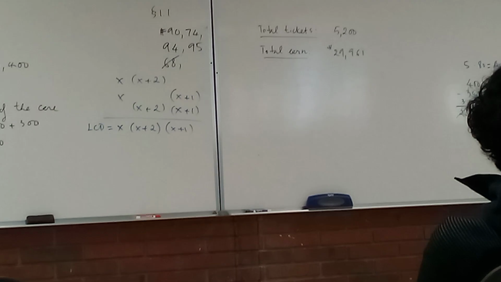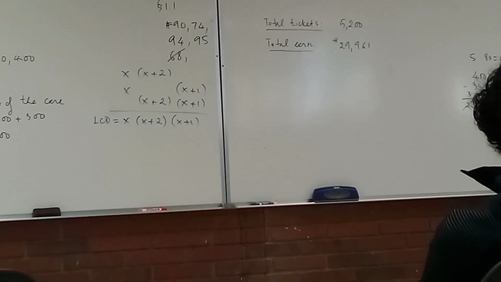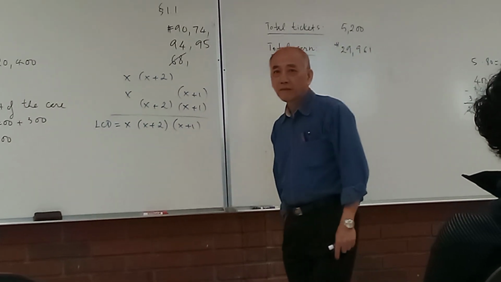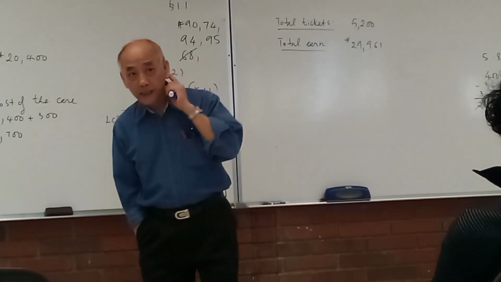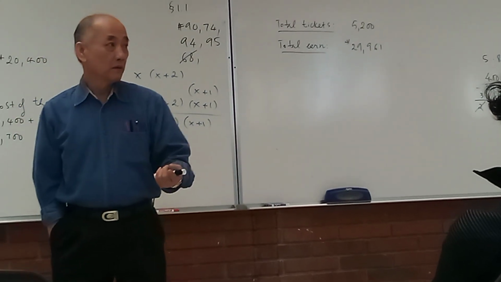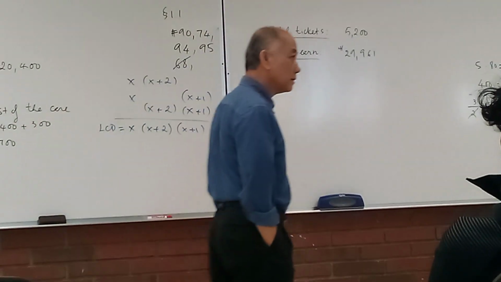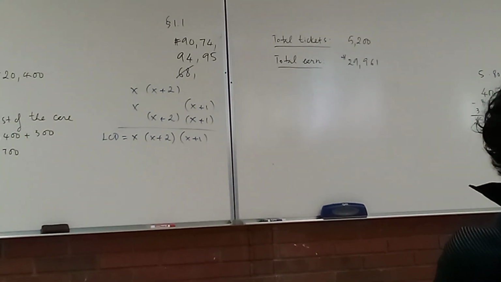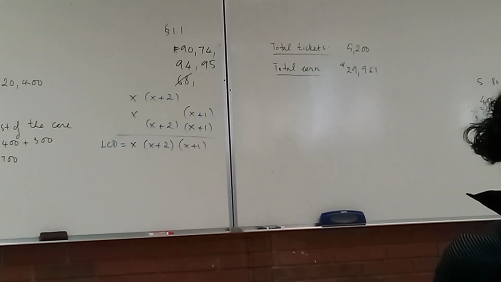Anyone remember how to solve an application? I heard somebody say, define the variables. What are they asking for? The adult patrons. How many adults and also children? So you can label this.